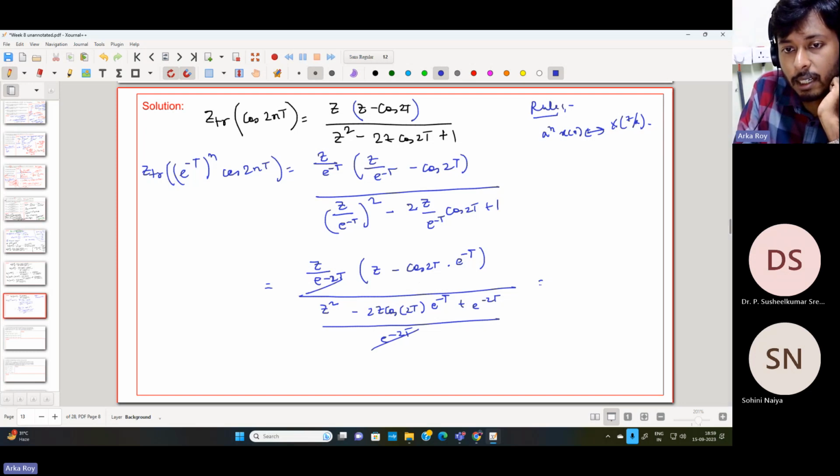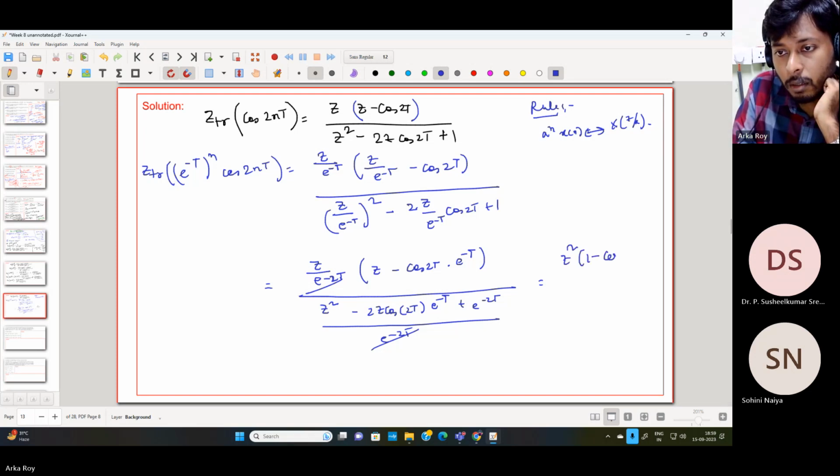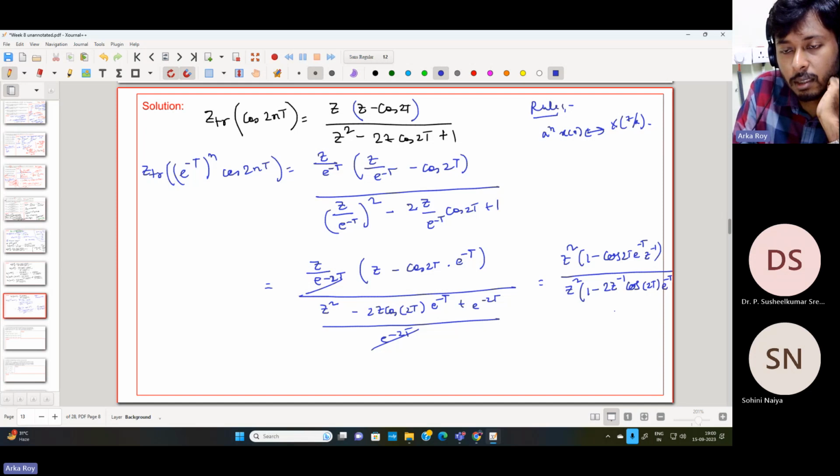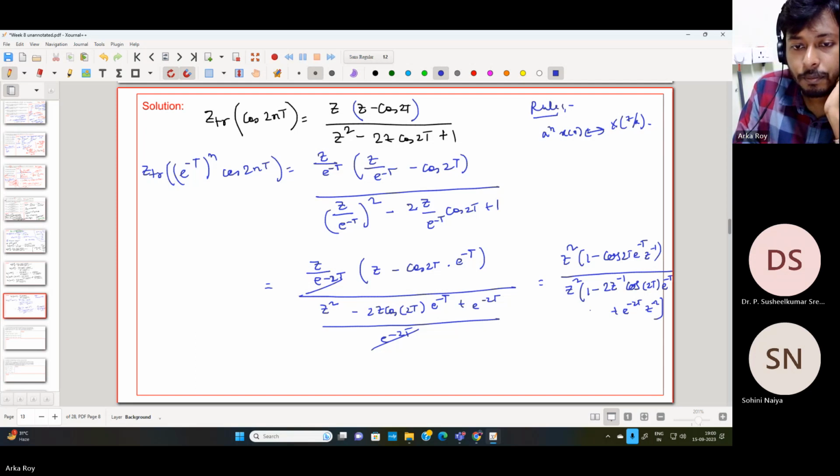Followed by that, I can write z square times 1 minus cos 2t e to the power minus t z to the power minus 1 divided by, if I take z square out, 1 minus 2 z to the power minus 1 cos 2t e to the power minus t, plus e to the power minus 2t z to the power minus 2. So z square will cancel with each other.